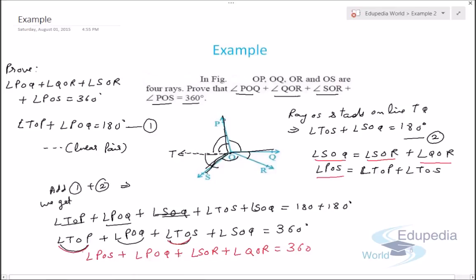So this is the proof, or solution, of the question: angle POS plus angle POQ plus angle SOR plus angle QOR equals 360 degrees. This is how we can use the concept of linear pairs to solve questions.